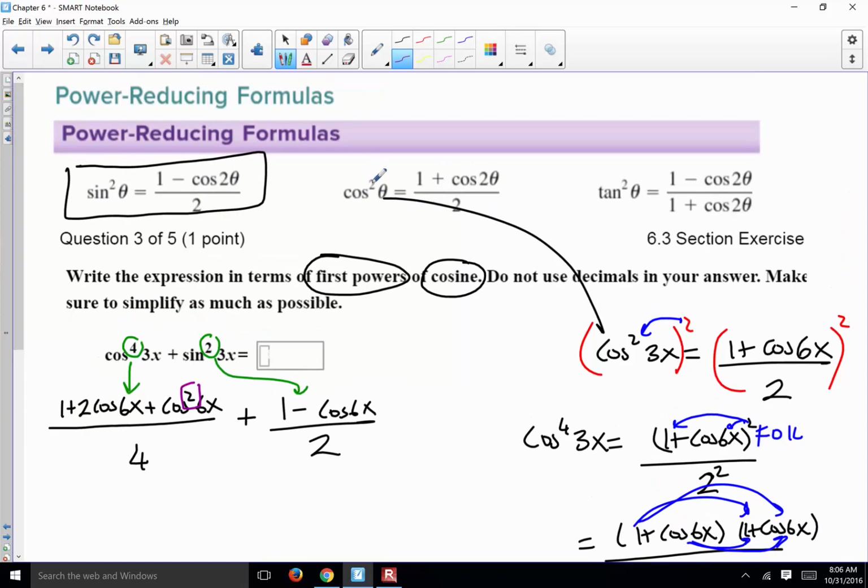Whenever you have a square to be reduced into single power of cosine, refer to this formula. This is for cosine square theta. I have cosine square 6x. All you need to do is make this 6x, make this 12x. 6 double, twice 6, which is 12. So we are done.